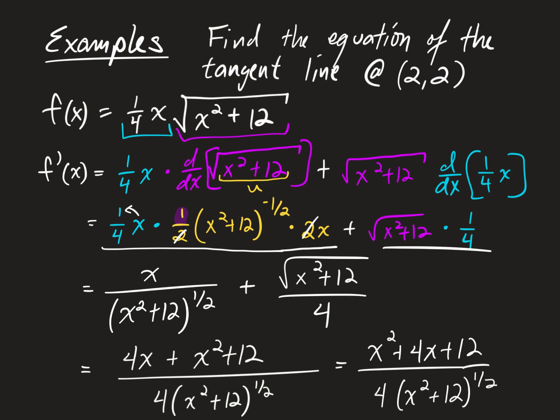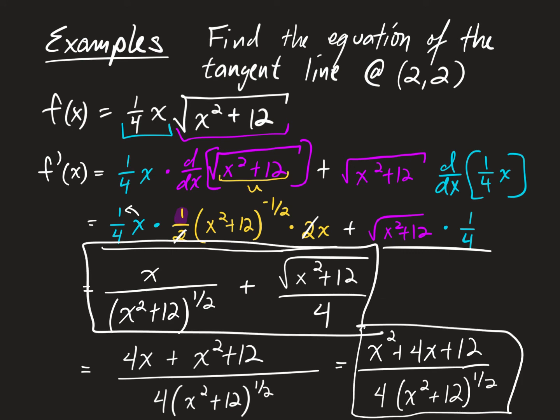And again, I want to point out, this is just a simplified version of this. And just depending upon what your professor or teacher is asking, just make sure you know how to get from here to here.